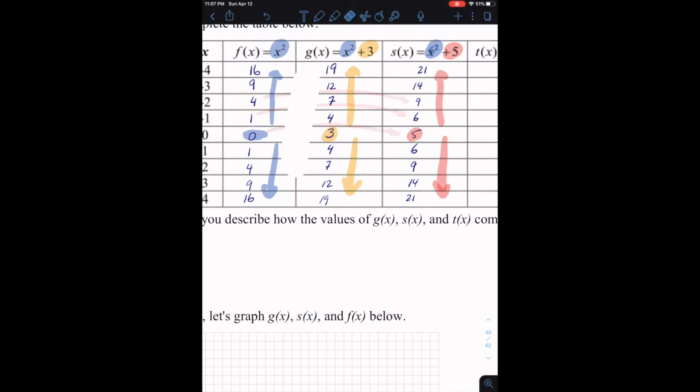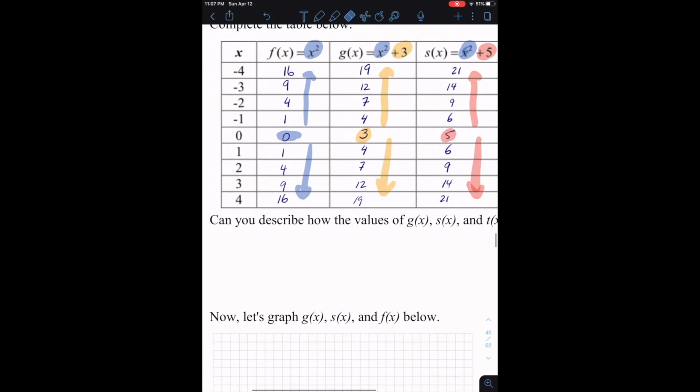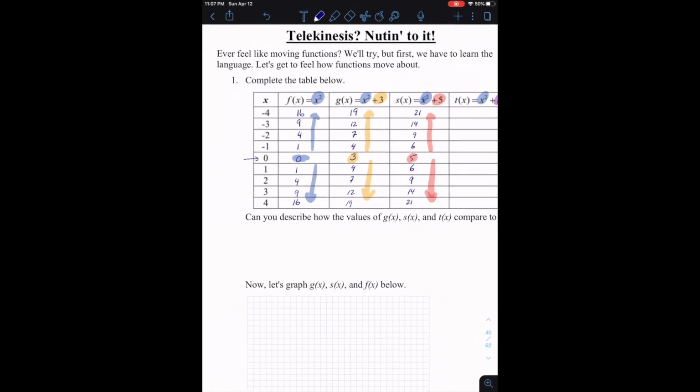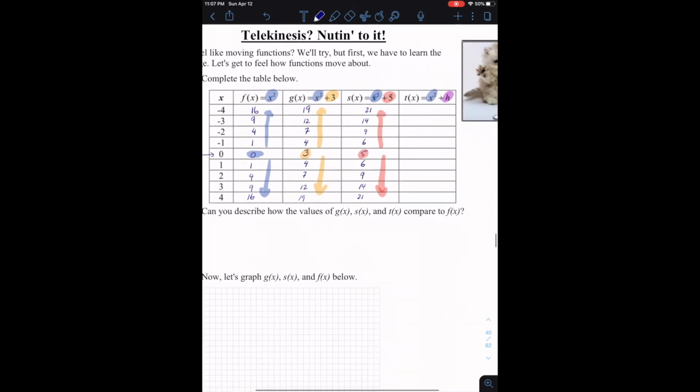So in the table of values, the pattern is actually staying the same. It's got a center at the 0 mark, and then it has symmetry to the left and the right. But the points in the second function are 3 greater than the points in the first, and then 5 greater for the third function.